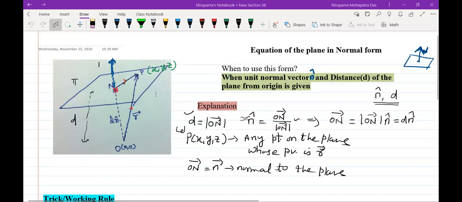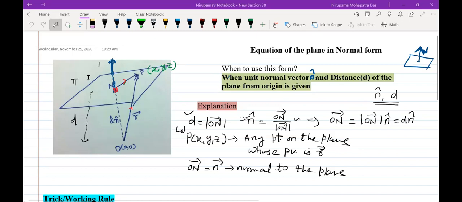And also we are given n cap. N cap means it is the unit vector in the direction of the normal to the plane. So every plane has a unit normal, right? Any perpendicular to the plane will be in the direction of the normal only. You cannot have multiple normals to the plane.